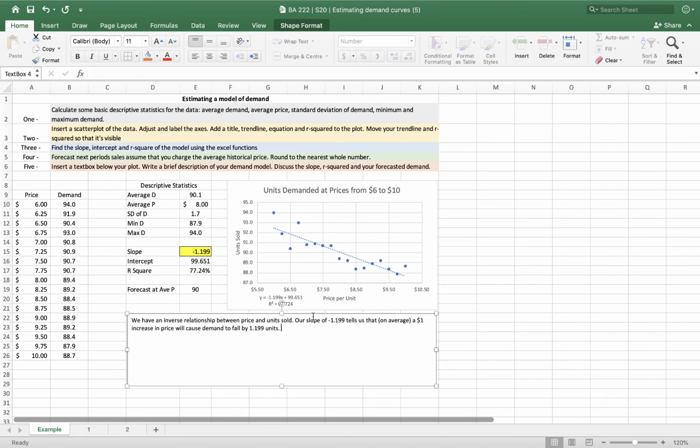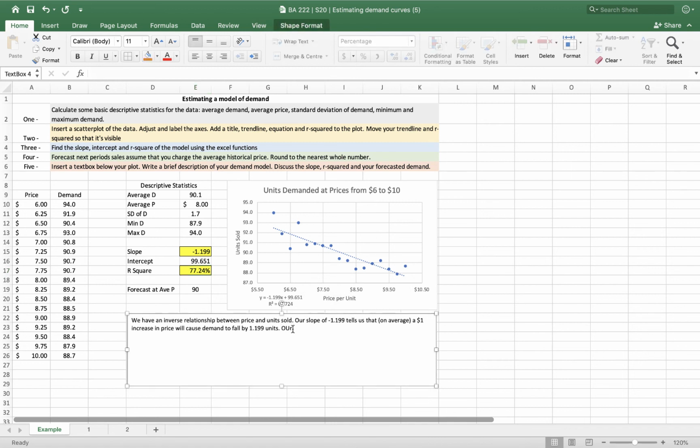And the other thing we can see with the R squared of 77.24 is that the relationship between price and demand is pretty strong, right? Changes in price is responsible for 77.2% of the variation in demand.